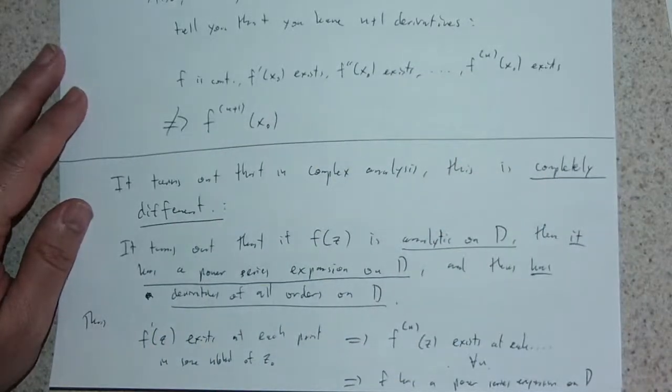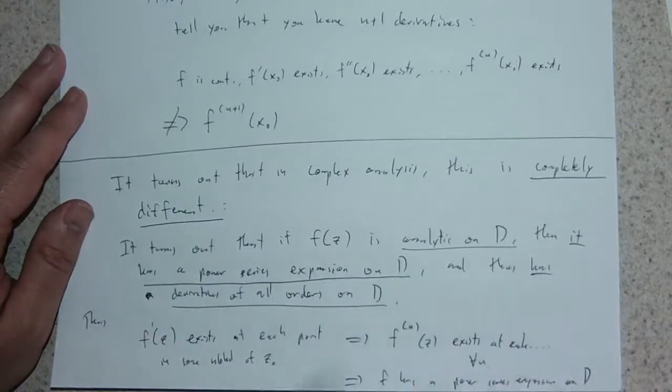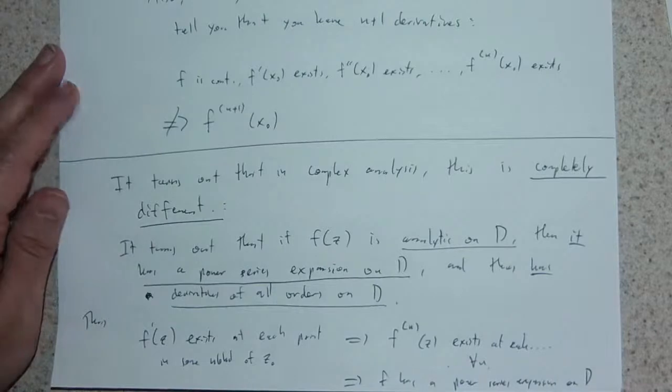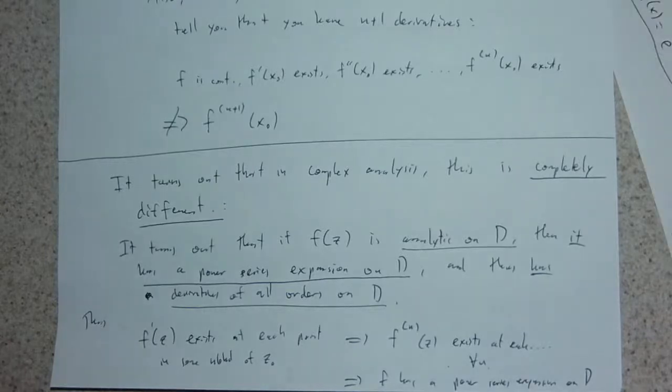But in the complex case, having a single derivative gets you all derivatives. You actually have infinitely many derivatives, and you have a power series expansion. So this is totally different. It is almost as different as it could be in terms of regularity properties.